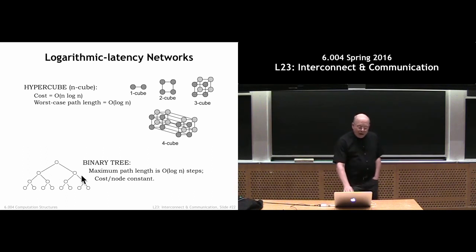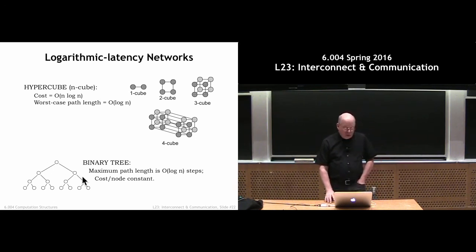What would happen is that it would only take you logarithmic time to get from any one processor to any other. And they put much more bandwidth in the upper levels of the tree than the lower levels. So it was a clever trade-off of where we put the energy and the transistors. The notion was that we'd try to make it so that heavily loaded links would get more oomph.